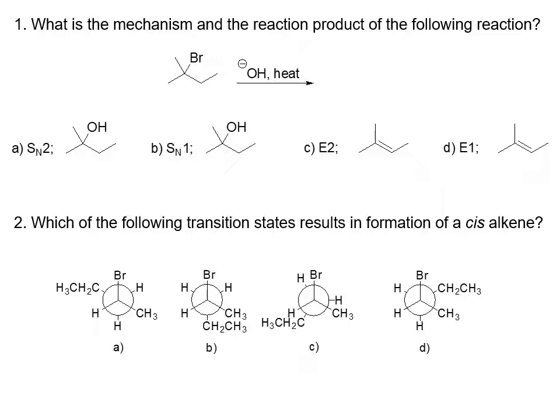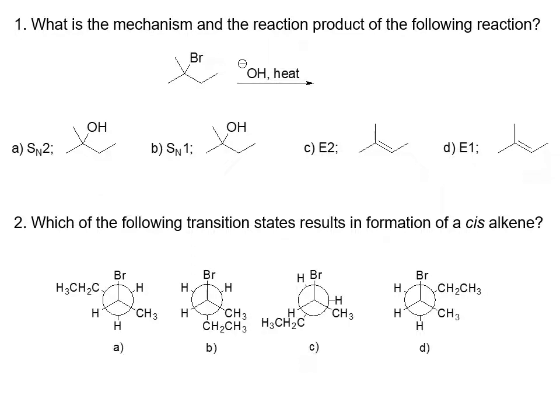If it's a substitution reaction, then it has to be unimolecular because the substrate is tertiary. Here, the important information is that the reaction is carried out with heat. Heat favors elimination. So the combination of the two, strong base, hydroxide, and heat, means that the reaction is an elimination reaction.